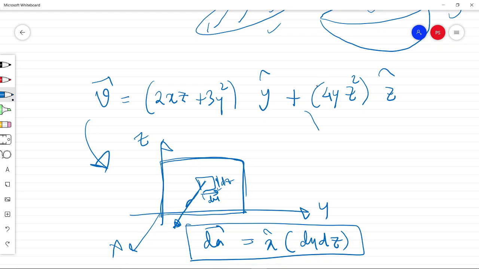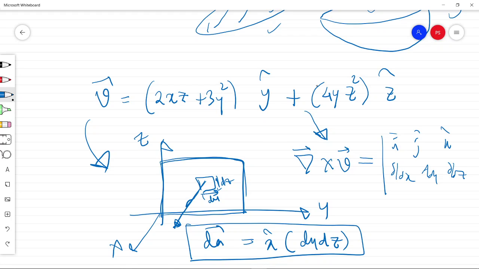Now for this particular V bar, we can find del cross V by following the definition of cross product. So i cap, j cap, k cap, dou by dou x, dou by dou y, dou by dou z. Then the x, y and z components of V bar: 0, since this does not involve any x component, then the y component is 2xz plus 3y squared, and the z component is 4yz squared.